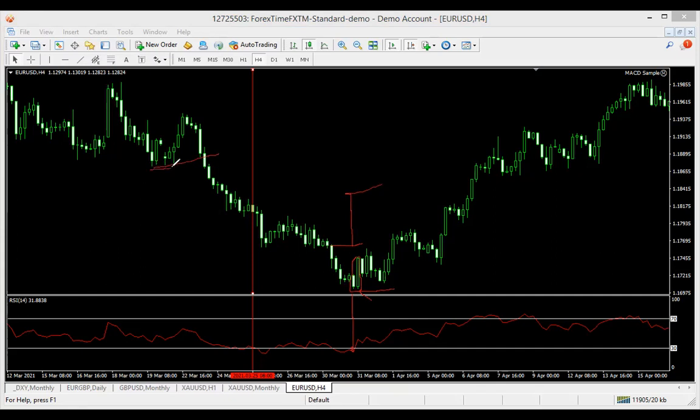I talked to you about dynamic resistance and support levels, and we talked about historical resistance. Dynamic are the most recent support or resistance levels. So if you are using that strategy of looking for the next resistance level, when you spot this reversal pattern, you look for a candle that is higher than this one.